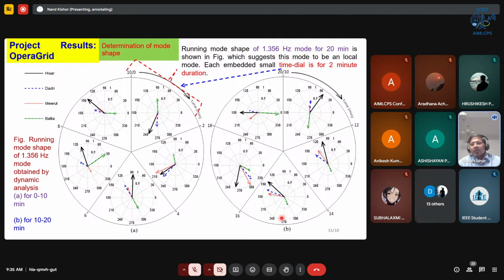You can see how the phasors change their positions over time in the signals here. This one corresponds to 20-minute data: this one refers to 0 to 10-minute data, and this one refers to 10 to 20-minute data. You can see how the phasors have changed their positions in the signals that we have.